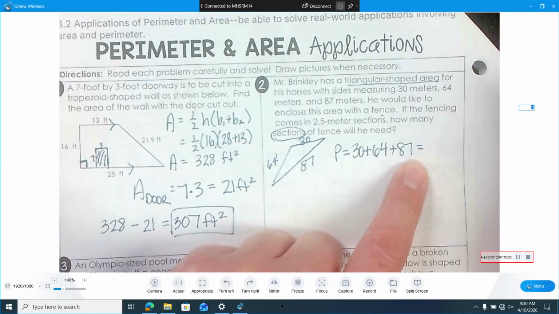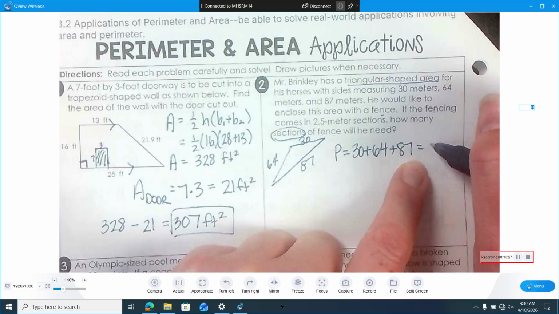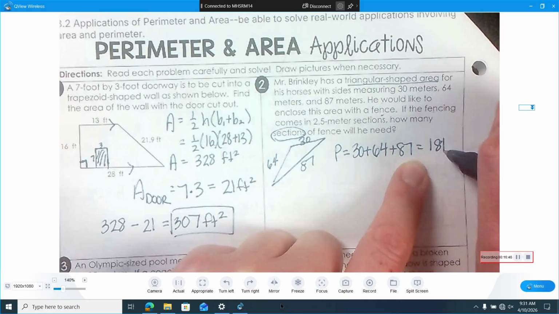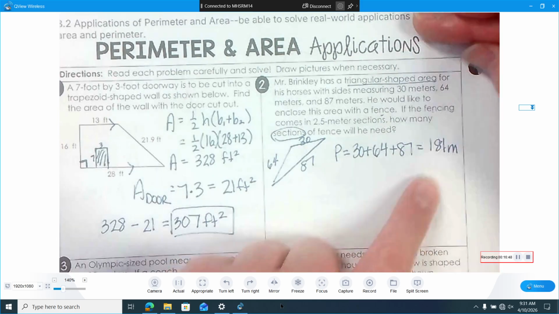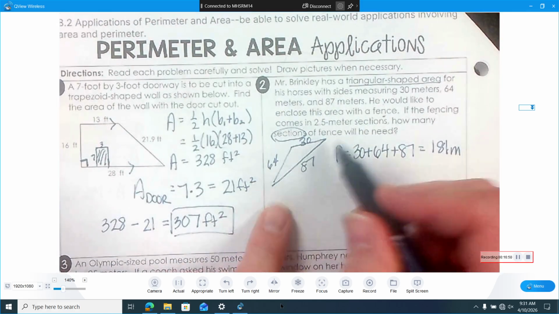What do you get? 181. Can I get another 181 in there? Yeah? Okay. So this is 181 meters of fencing to go all around.